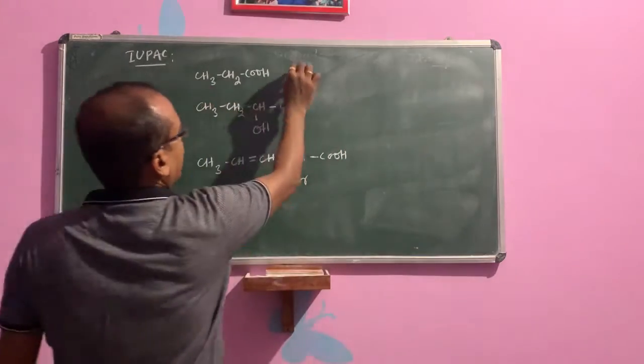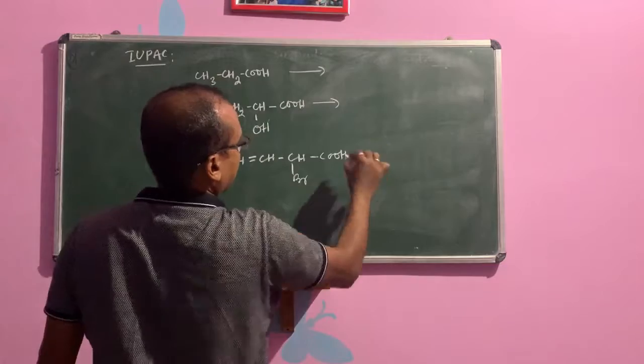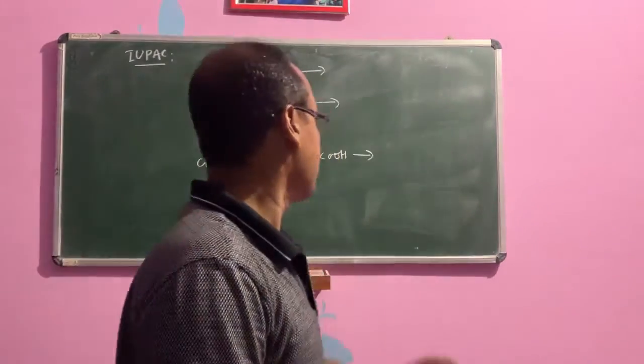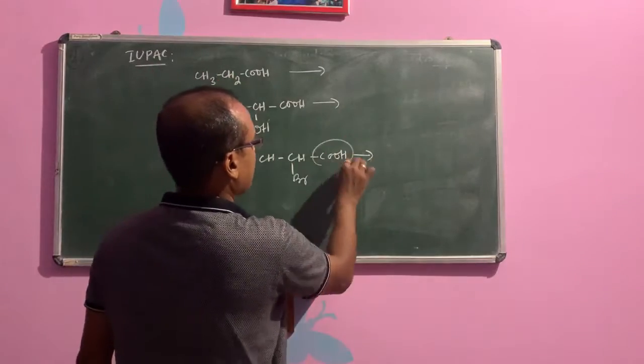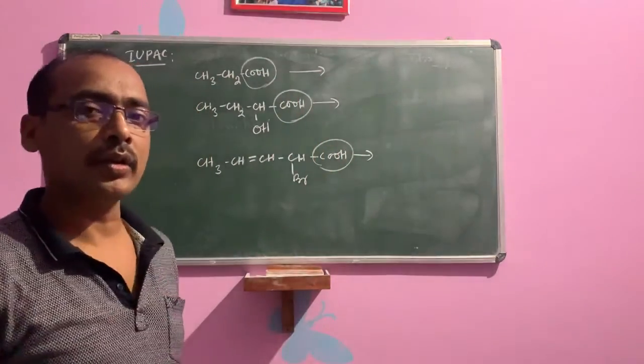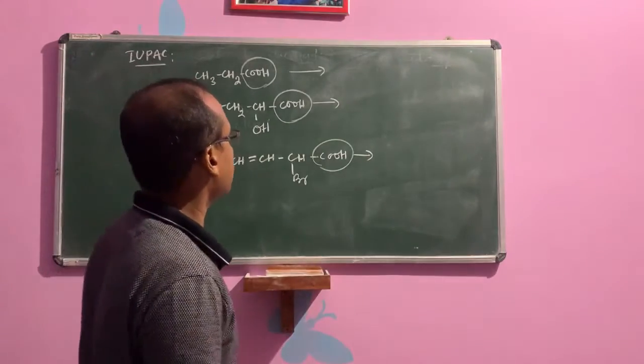You can write the IUPAC name. Carboxylic acid COOH is the secondary suffix, and it is always the superior functional group. If any compound contains carboxylic acid, you consider its secondary suffix. Always you take the secondary suffix.